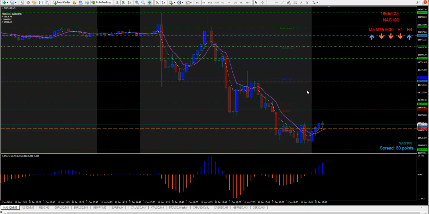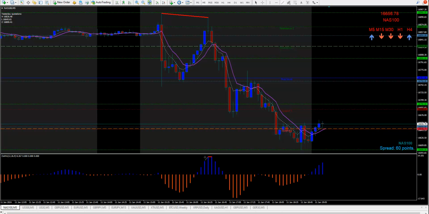So we're looking at the NASDAQ 5-minute. This trade is kind of iffy because there's wicks, but it still was divergent, as you're about to see.